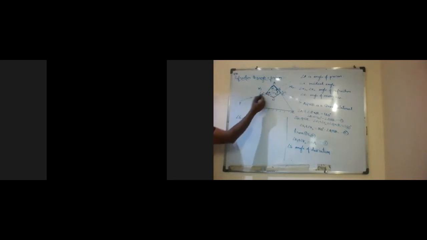How much could it be? The angle delta is an exterior angle, right? The exterior angle is equal to the sum of the two interior opposite angles. So angle delta will be, but how do we get this angle? If you subtract these two, you will get this angle.